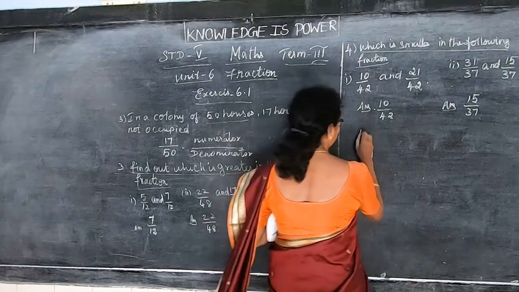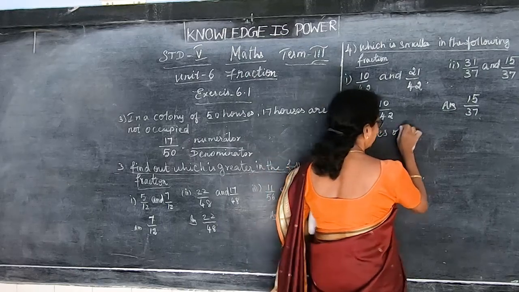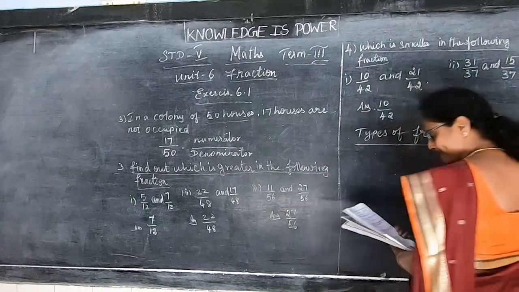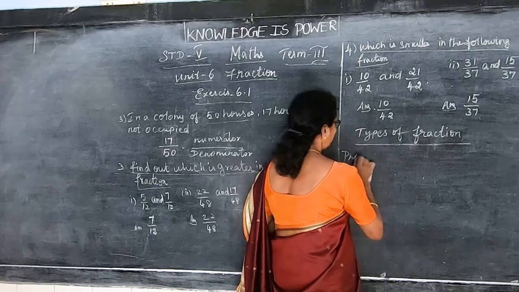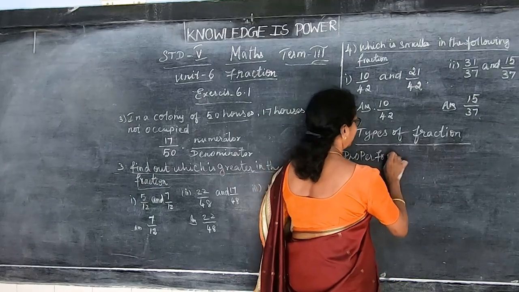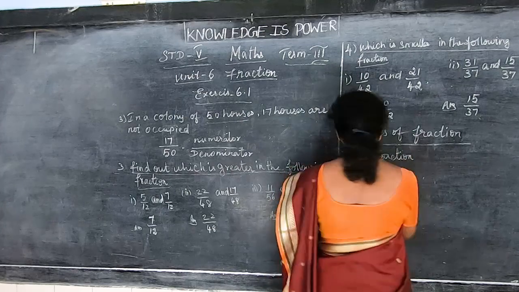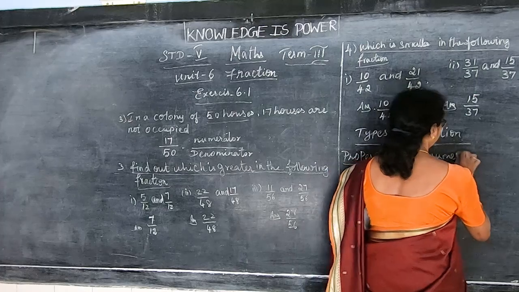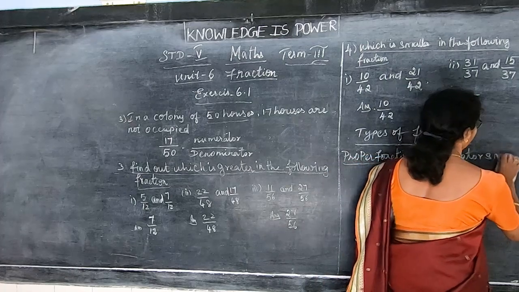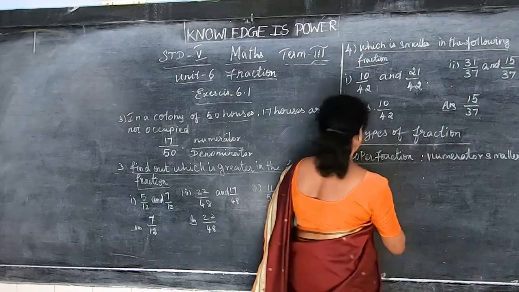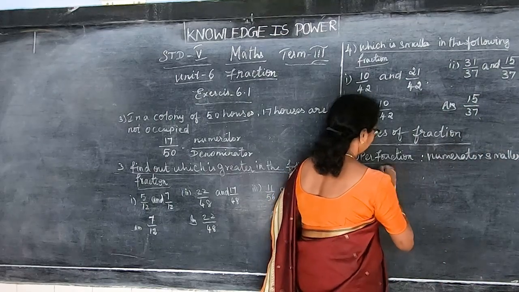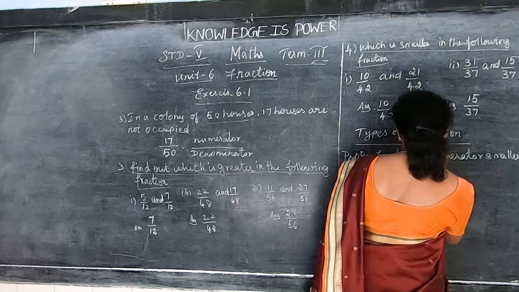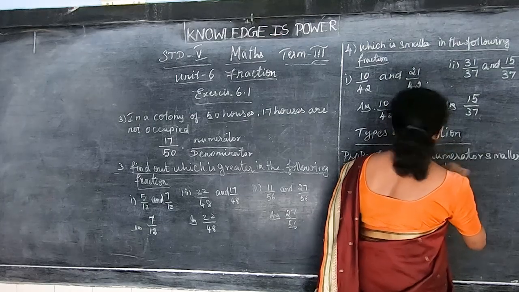The next one is types of fraction. What are the types of fraction? The types of fraction are proper fraction and improper fraction. What is a proper fraction? If the numerator is smaller than the denominator, it is called a proper fraction.